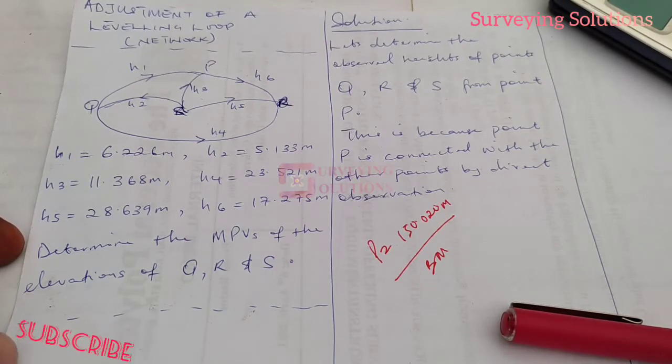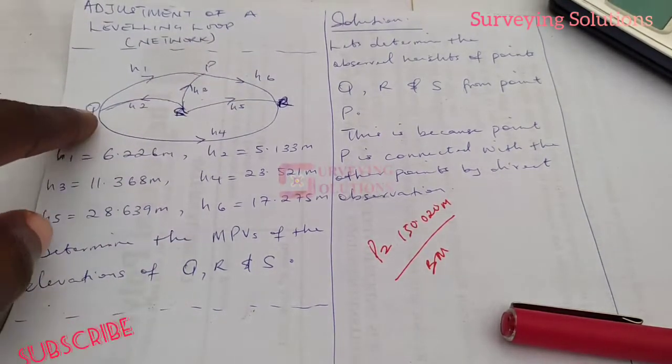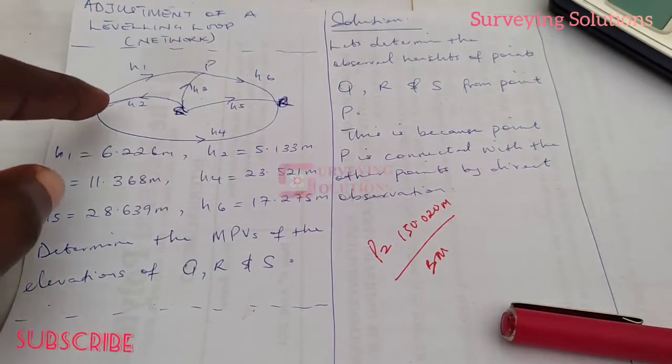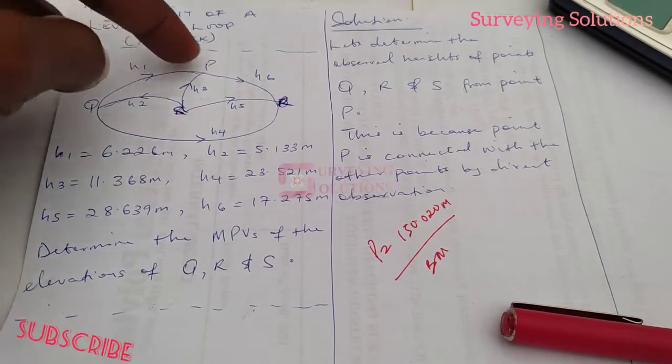And then conventionally we define it as determining the change in elevation between 2 points. These are 2 points, right? P and Q, or P and S, or P and R. So this is Q, S, R, right? We already have the change in elevation.